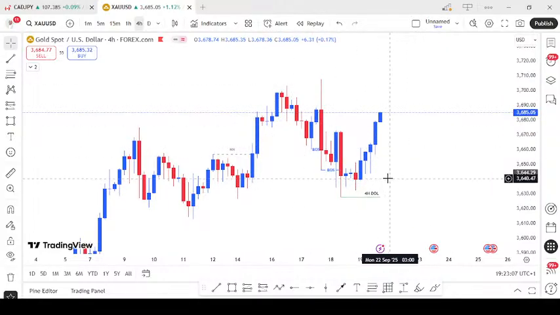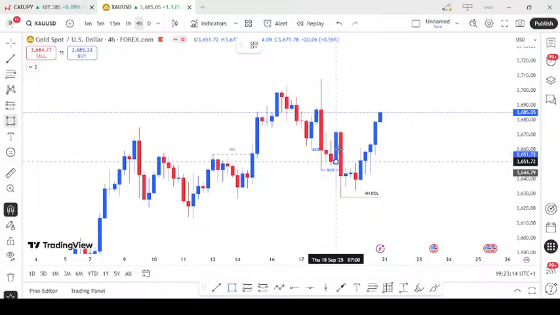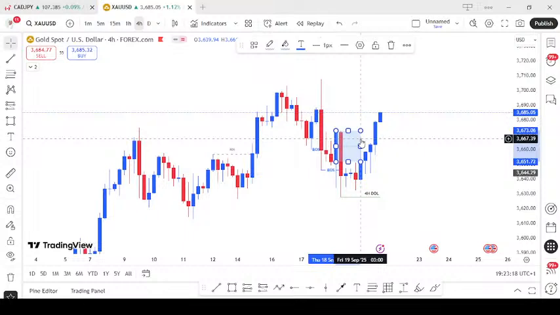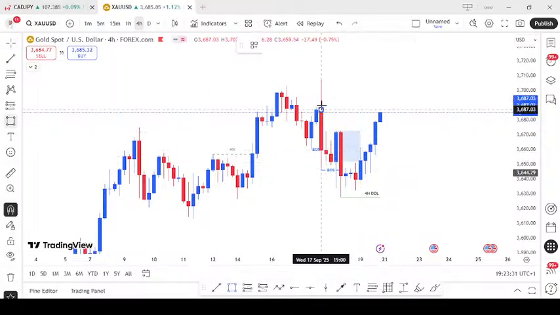So what POI will I be looking at? Now I can see clearly there's no really strong one, so you just have to mark it and observe what price is actually doing there. So you mark it. Also, this is another POI that price has not mitigated.